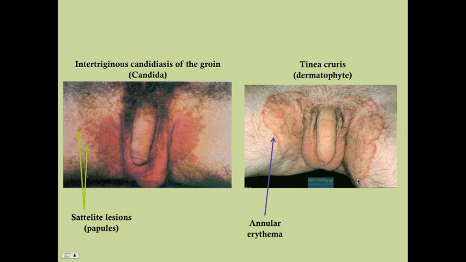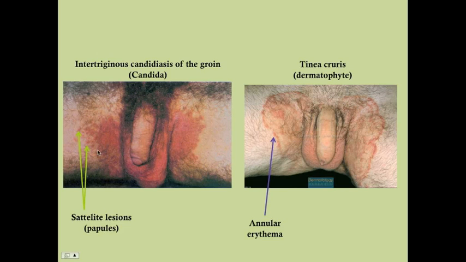Plus, on the inside of the infection, as you get more medially, it appears much more healthy. You don't have nearly as much erythema. So the dermatophyte infections are more of like a ring, whereas the candidiasis infections are erythema with a ring of satellite lesions.